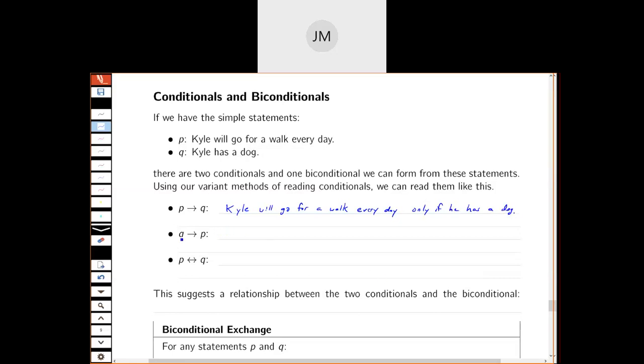If Q then P, if Kyle has a dog, then he will go for a walk every day. Okay. I'm just going to choose to switch the order. So it's if Kyle has a dog, then he will go for a walk every day. I'm going to put the if he has a dog as the second part.